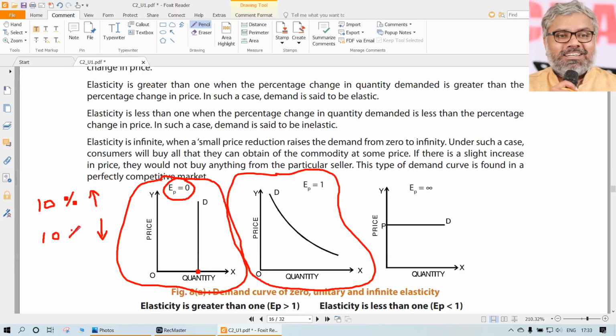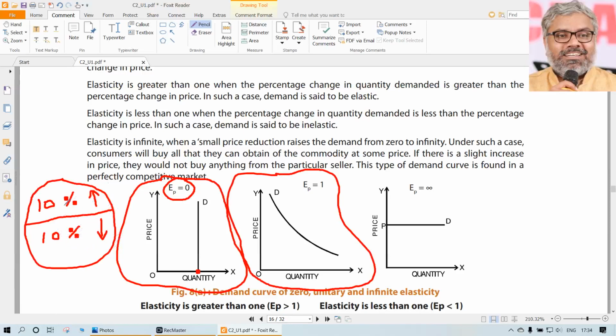So the point here is, if any product has unitary elasticity, that means the percentage change, and change is always a generic word, change could be upwards or downwards, a percentage change in the quantity demanded will have an equal percentage change in the price, and the percentage change in the price is going to have an equal percentage change in the quantity demanded.